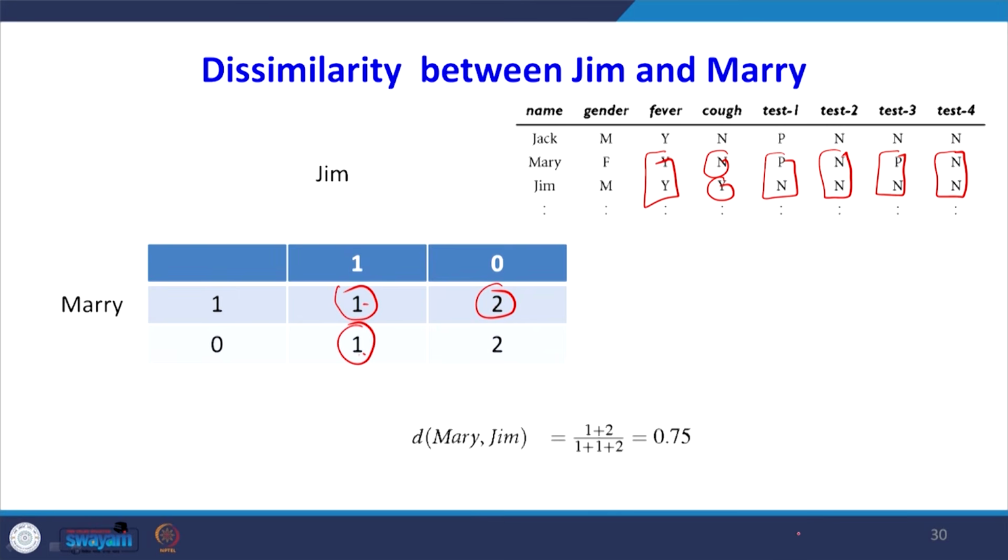This is the way to find the asymmetric dissimilarity between different variables.